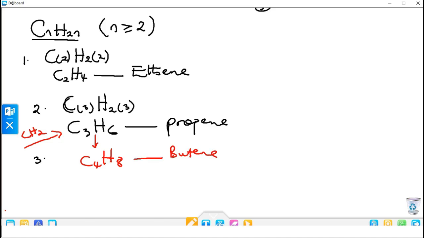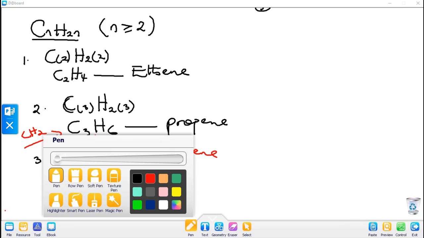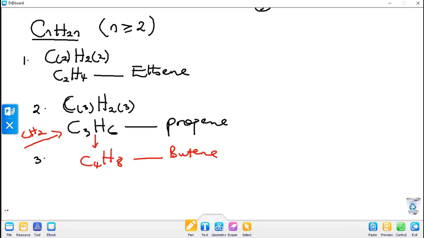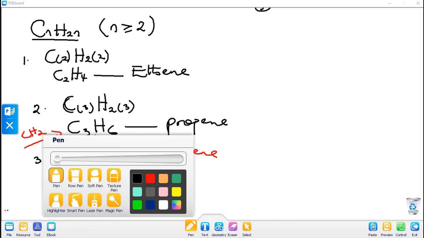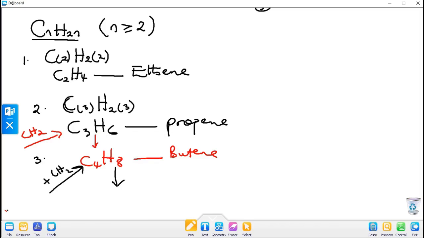If I add CH2 to my butene, the next member is C5H10, and this is pentene.